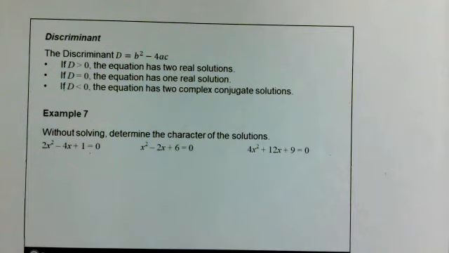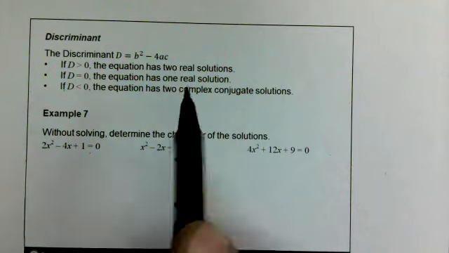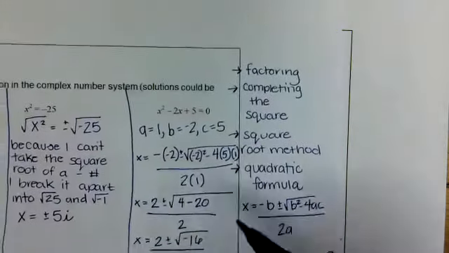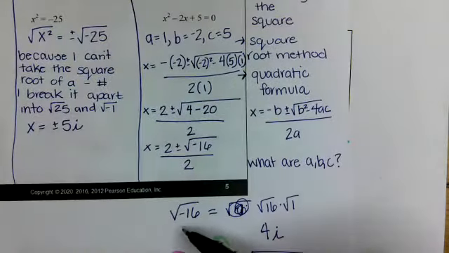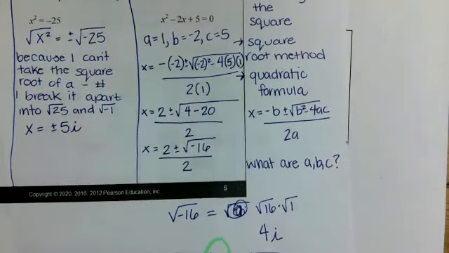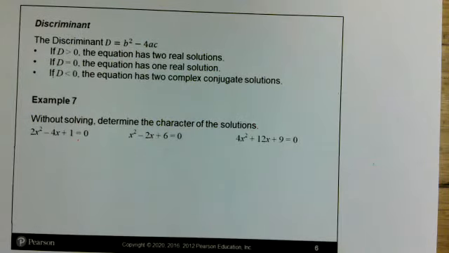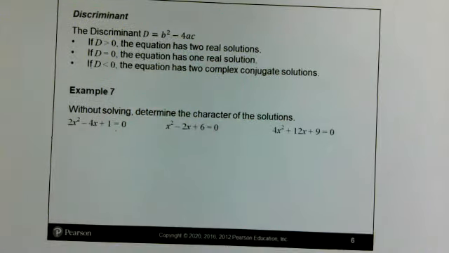And if that value is less than 0, the equation has 2 solutions, but they are complex solutions because that means you had a negative under the radical. Okay? So without solving, just determine the character of the solutions, or how many solutions this quadratic equation has.